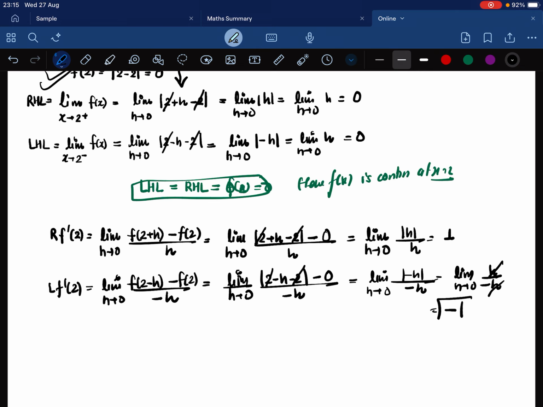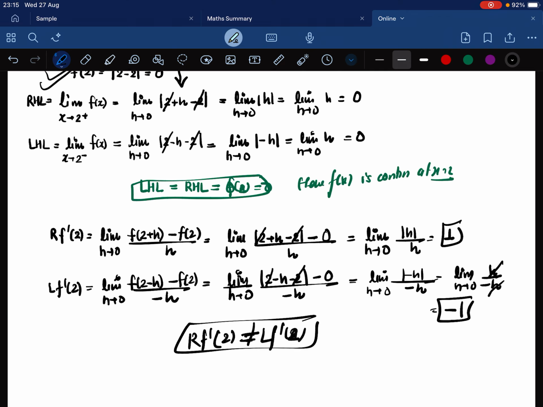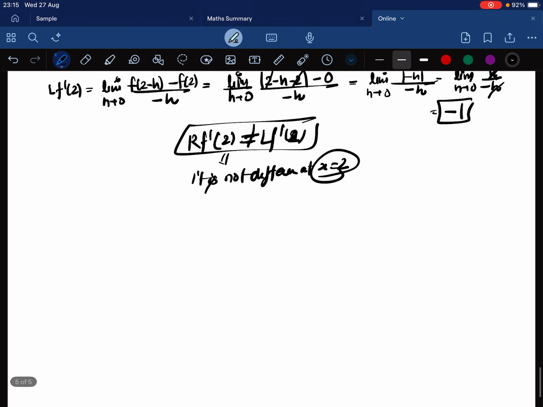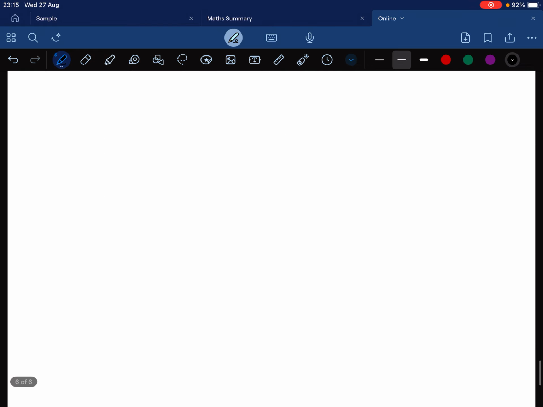Now the numerator will be positive and the denominator is negative, so the answer is -1. You can see the right hand derivative at 2 is not equal to the left hand derivative, hence it is not differentiable at x = 2.